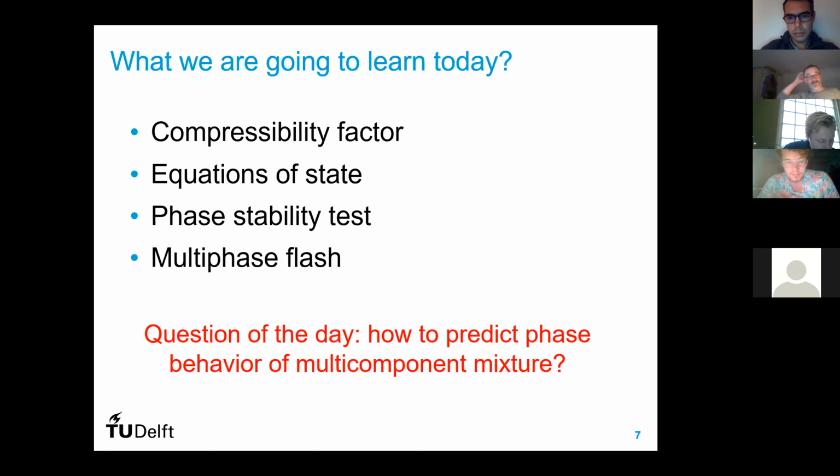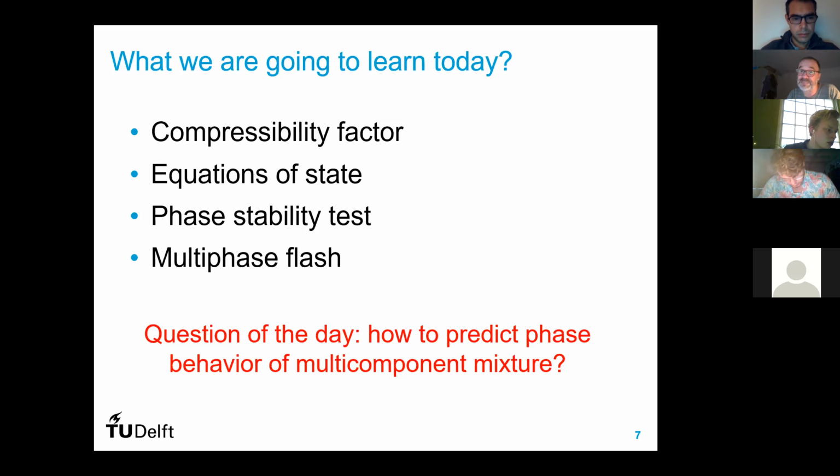Okay, for today we look into the compressibility factor. It's already a little bit familiar to you from our previous course. Then I will touch a little bit in more detail. Again, you're already familiar with the equation of state. I will just show you a few more things.